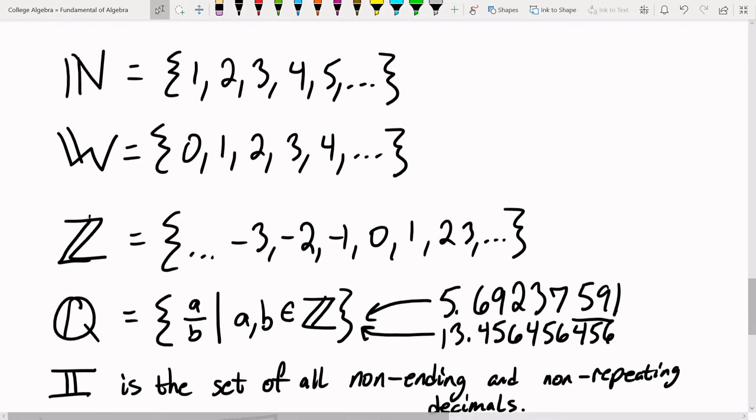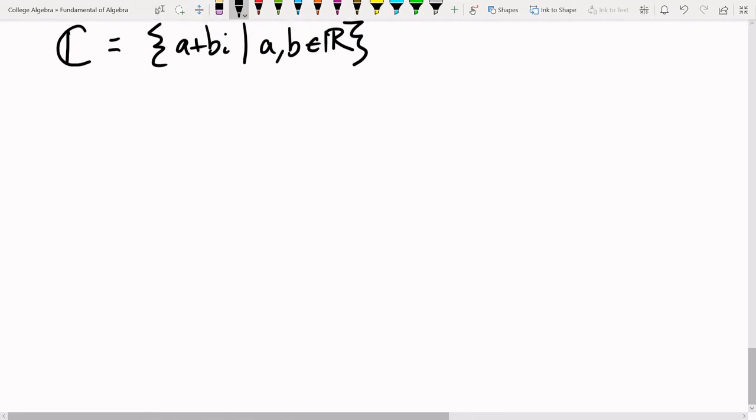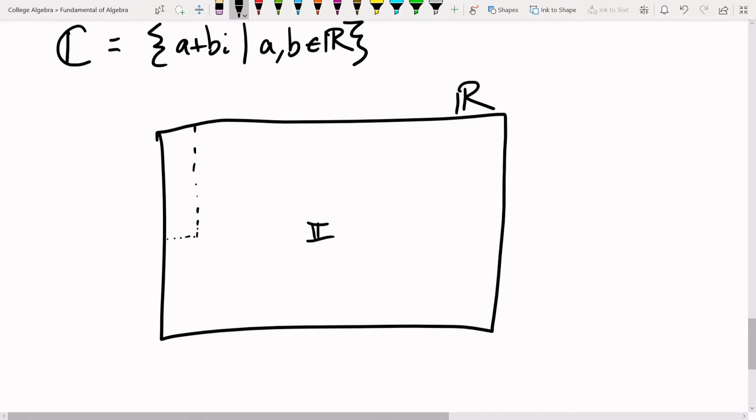Let's just take a look, kind of like a Venn diagram, to show how these things are broken down visually. So if I were to take a box here and say this box contains all of the real numbers, then technically there'd be a whole lot more irrationals. It'd be kind of more like a line like this, and all of this would be the irrationals.